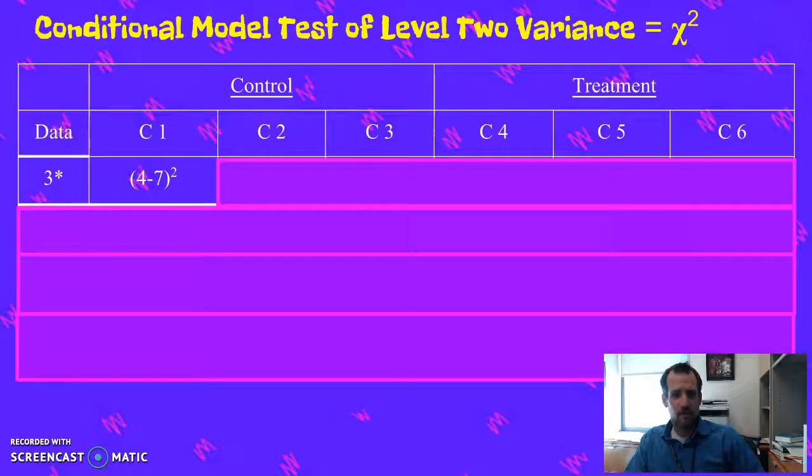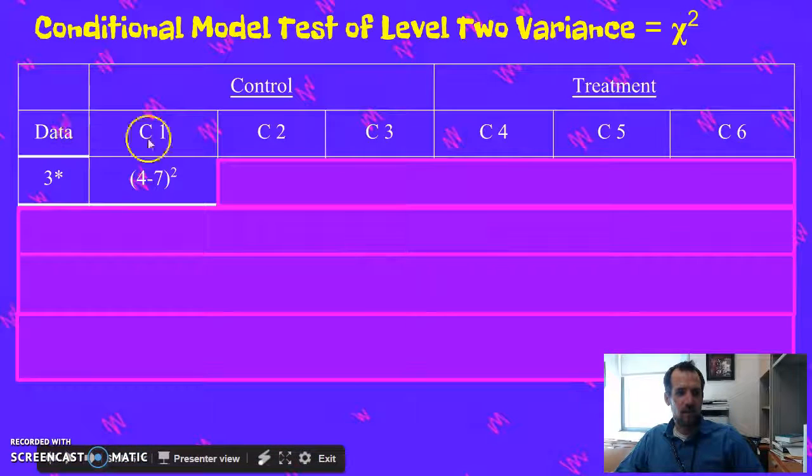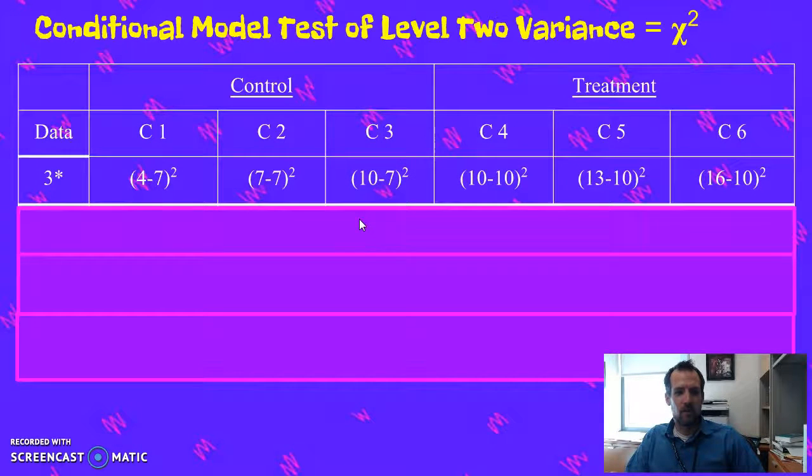So to look at this level 2 variance for a conditional model, what we're having to do is we're again subtracting the class mean from the condition mean, and then squaring that, and we're going to multiply all of this by 3 because we have 3 classes per condition. Okay, so to get this level 2 variance.